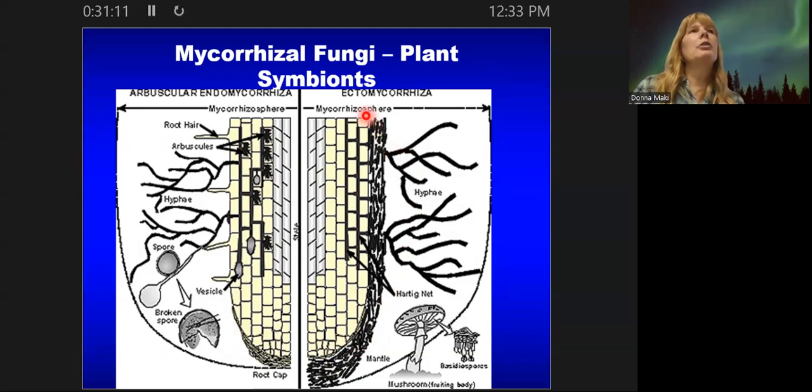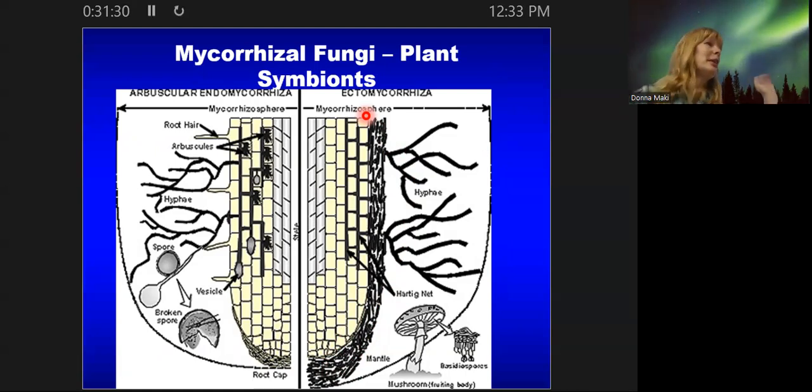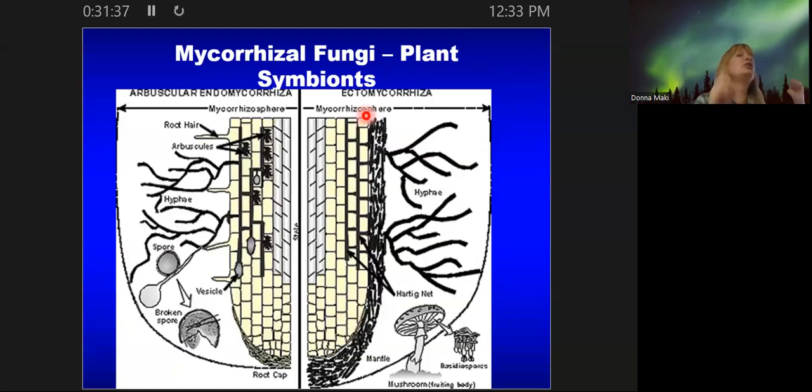That's why they're called ecto, because they grow very significantly on the root. And with the naked eye, if you can train yourself, like if you're out hiking around and you see a tree that got blown over and the root systems are visible, I always carry a hand lens with me because my boys, when they were little, would just roll their eyes. Oh, look at these root systems, and I try to get them to look at the mycorrhizal fungi, and they're just like, oh my god. But you can see them once you train your eye to it.